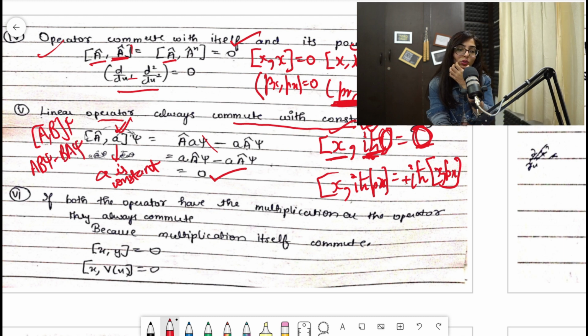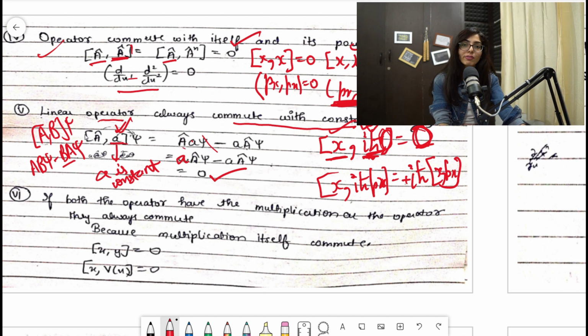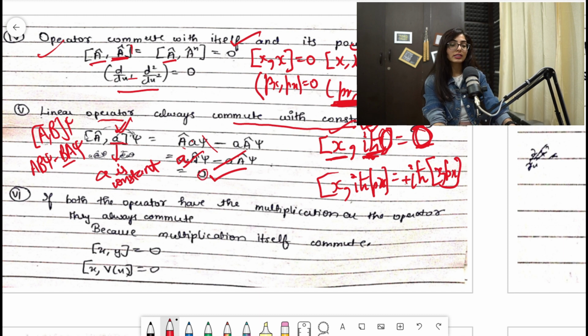So for A and A, I wrote AAψ minus BAψ, where BA means A into Aψ. I can write this constant A anywhere. I can't shift the position of an operator, but I can shift the position of constants. So I take the A outside, and it becomes Aψ minus A times the operator A on ψ. This cancels out and is 0. I hope this is clear.